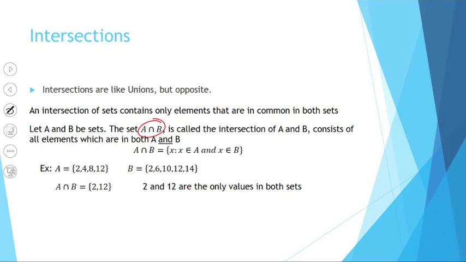What this is looking for is any elements that are both in A and in B. So as an example, here's your set A, here's your set B. The intersection of A and B is the elements that both sets have in common. So both sets have a 2 and both sets have a 12. So those are the two values they have in common. So there's your intersection of sets A and B. It's just a set of elements 2 and 12.